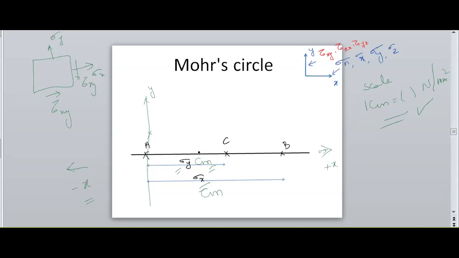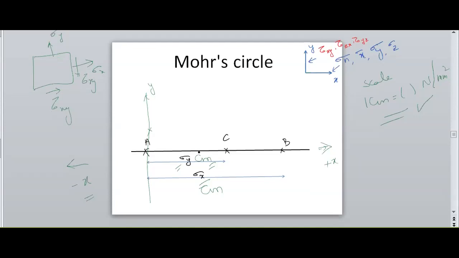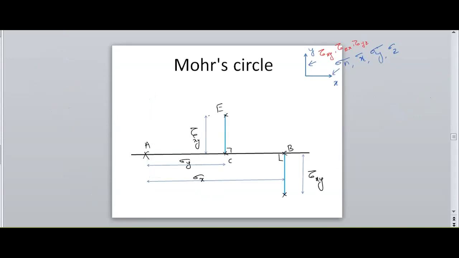After marking sigma x and sigma y, I need to draw the shear stress applied on the body along the y-axis with the same scale. Therefore, I need to take tau xy in centimeters.